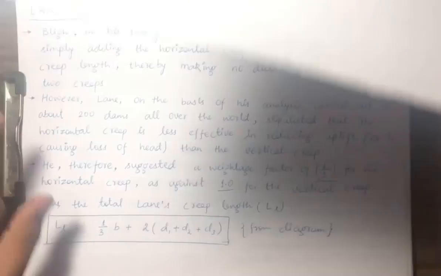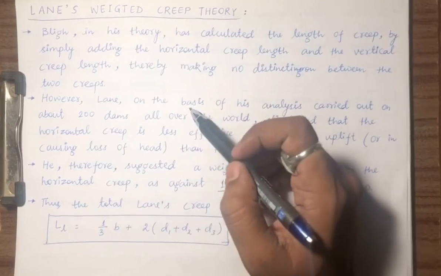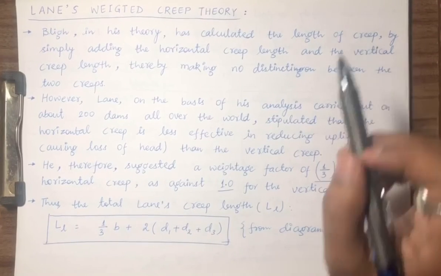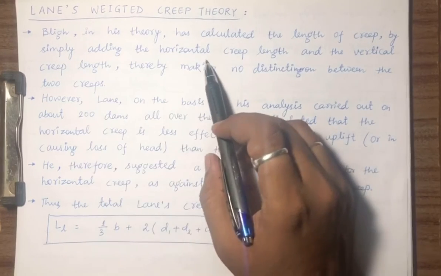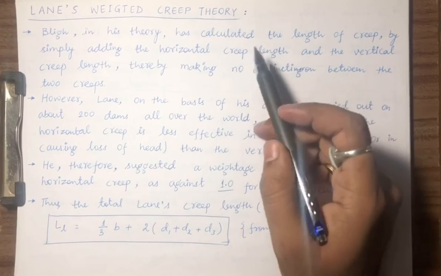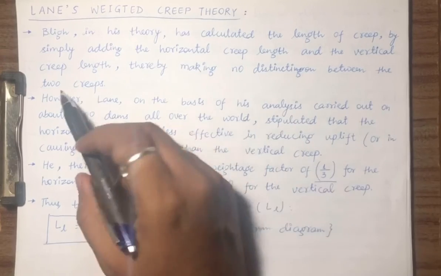Now let us see, this is a very small topic, Lane's weighted creep theory. Bligh in his theory has calculated the length of creep and also thickness by simply adding the horizontal creep length and the vertical creep length, making no distinction between the two creeps.